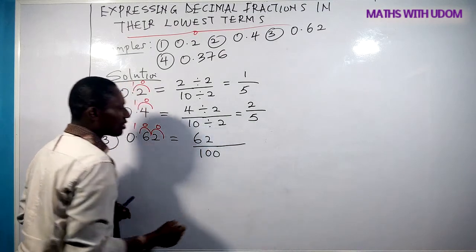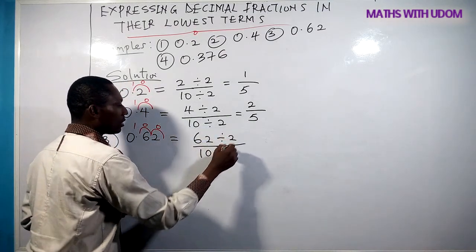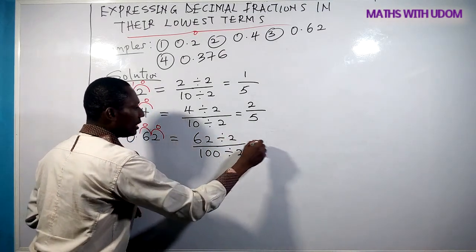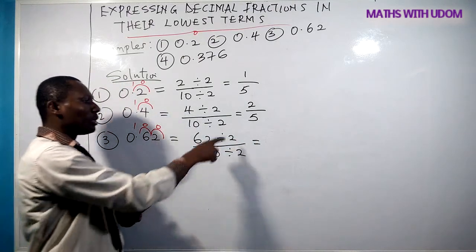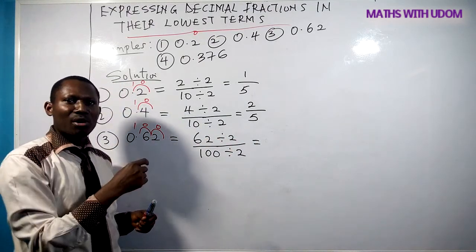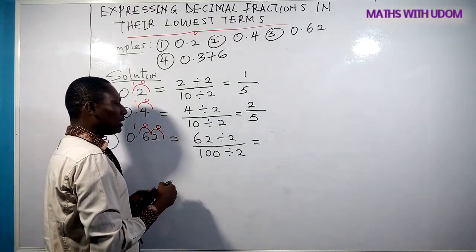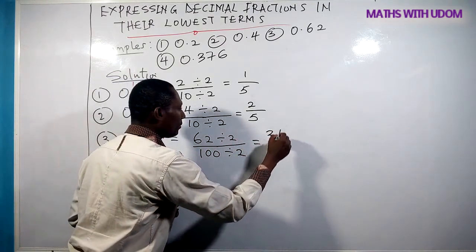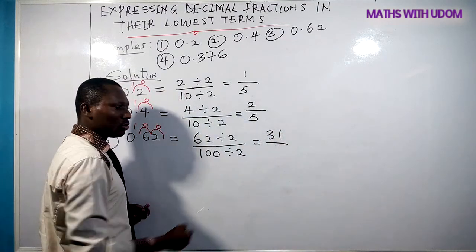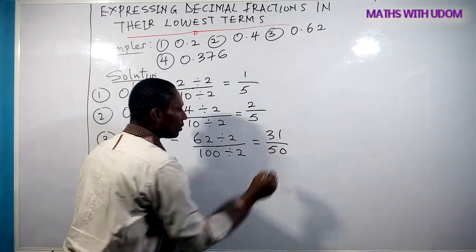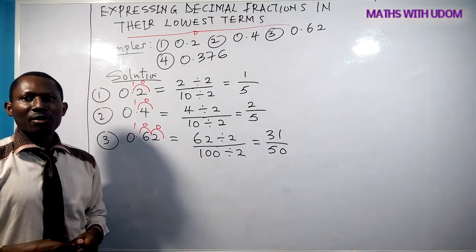So what is their highest common factor? 2 can go in the numerator, 2 can divide the denominator. You have to divide both numerator and denominator by their highest common factor. Now what is 62 divided by 2? That will give me 31. And then 100 divided by 2, I'll get 50. So this is also a proper fraction.